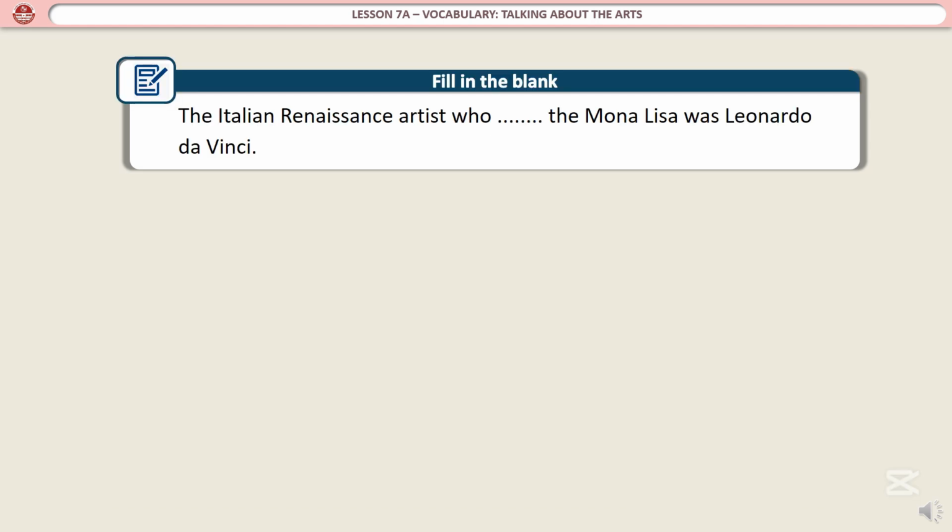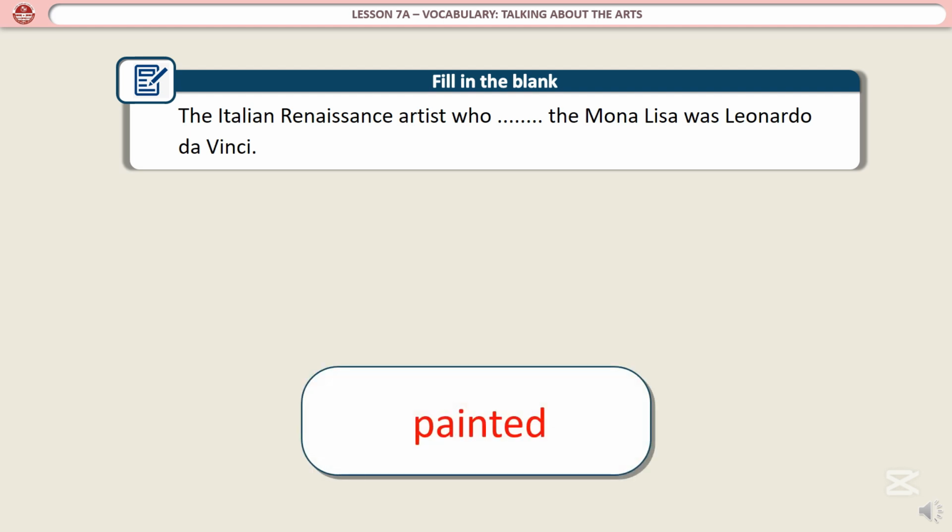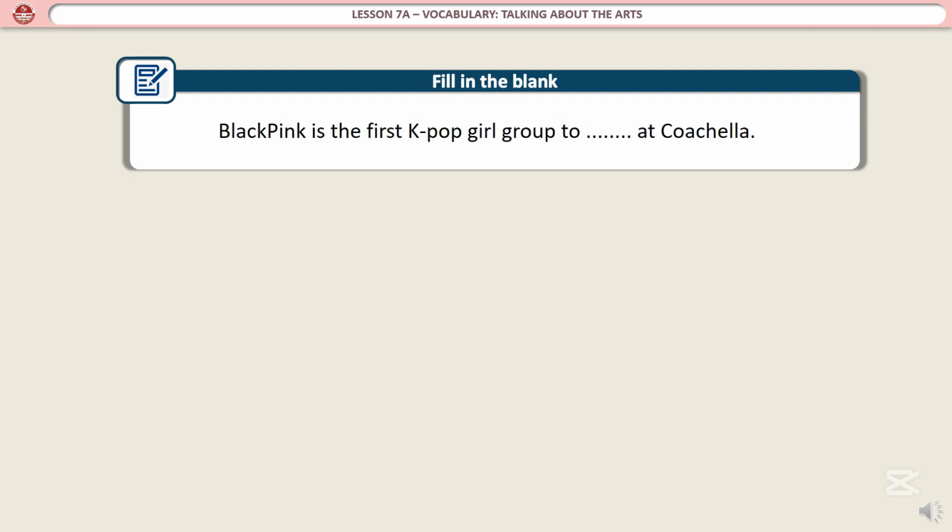Now, complete the sentence. The Italian Renaissance artist who blank the Mona Lisa was Leonardo da Vinci. The correct answer is painted. Read the sentence.